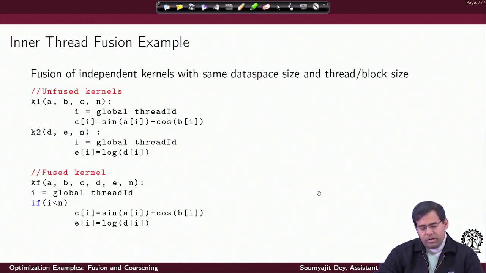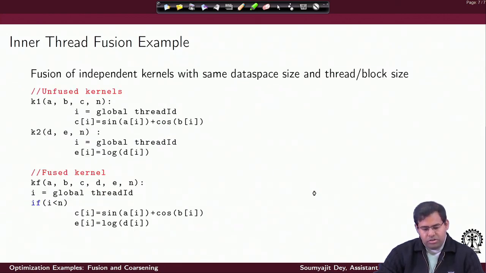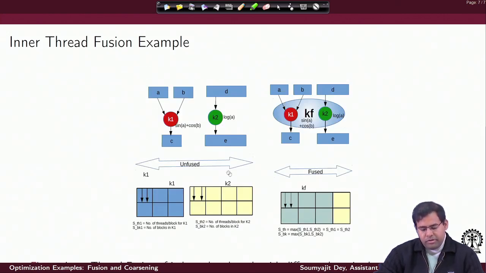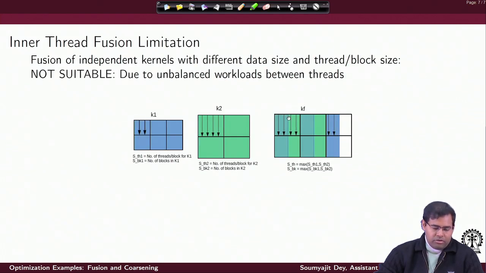The fused kernel will launch a number of threads similar to what is required for K2, which had the increased number of blocks, so there will be enough threads to process the data buffers in D. Apart from some of the threads lying in these blocks, all the other threads will also be processing the data buffers from A and B, as was the requirement for K1. I hope this is clear. Since the two kernels are independent, the fused kernel code is also very simple in this case.